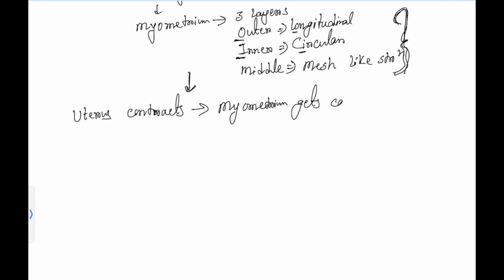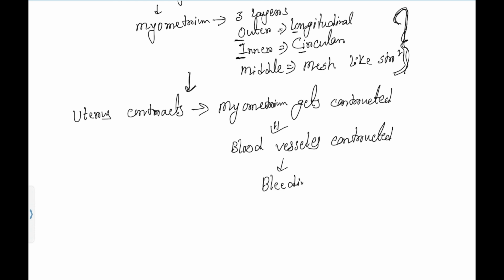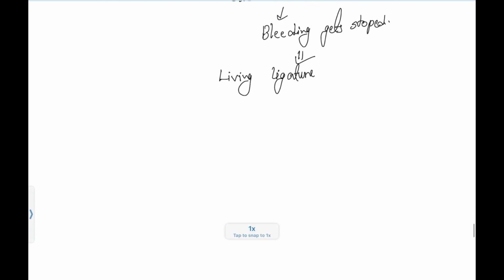Whatever blood vessels are there will also contract. As a result, if the blood vessels contract, they get squeezed and the bleeding will stop. That's why it is called living ligature. Sometimes questions will come on living ligature, and it is associated with the myometrium.